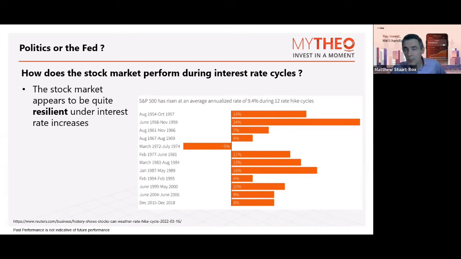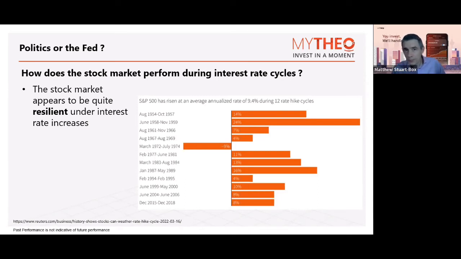And so the point that I took from this is that it very much depends on the reason for the interest rate hikes. It's not just the fact that interest rates are going up that is definitely negative for the stock market. It's not as simple as that. It's the reason why interest rates are going up.